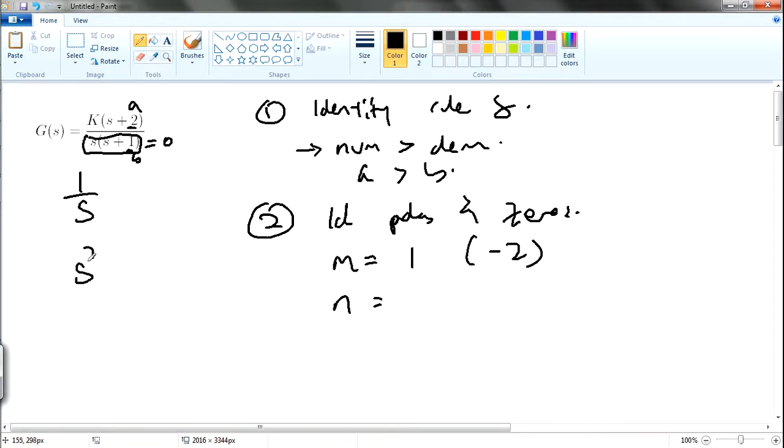If you multiply inside, it is s squared plus s, and you don't know which is which anymore. So you just leave it like that, and then this one becomes 0, the whole equation becomes 0. And if s is equal to -1, this whole equation becomes 0 also. So therefore you have 2 poles, one at 0 and another at -1, right?